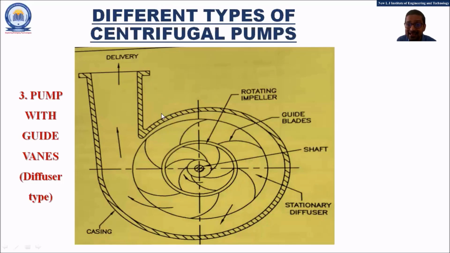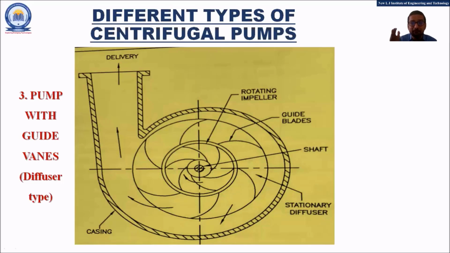Then this lesser kinetic energy liquid is passed on to the casing. In the casing, the conversion of the kinetic energy into the pressure energy takes place. And the pressure head is very much developed in this type of the pump.